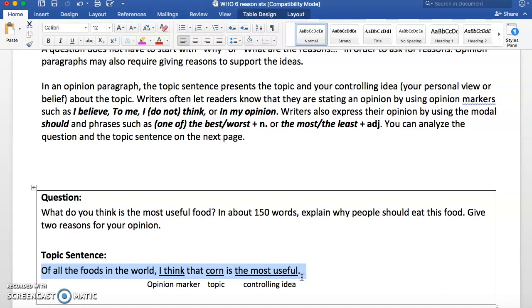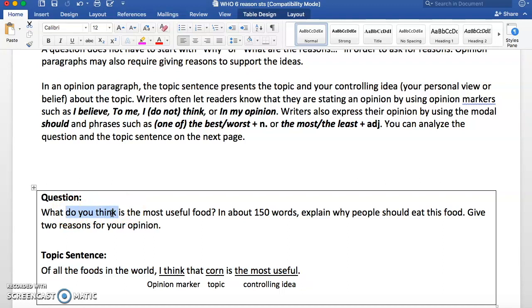This will be your topic sentence, and in your major sentences, you will give different reasons to explain why you think corn is the most useful food. Okay? And be careful, because the question asks, what do you think?